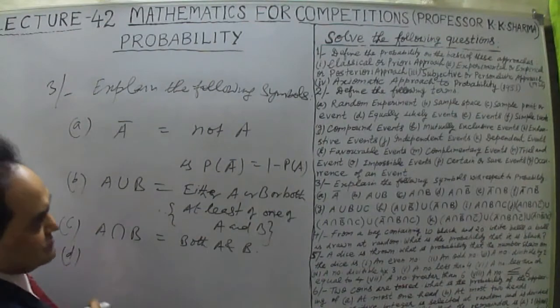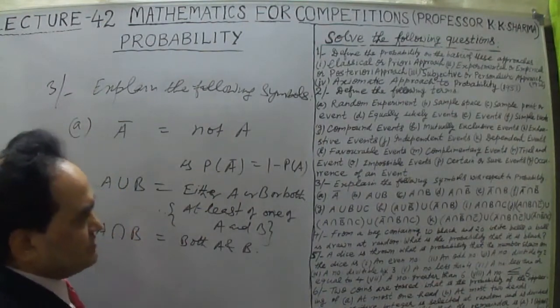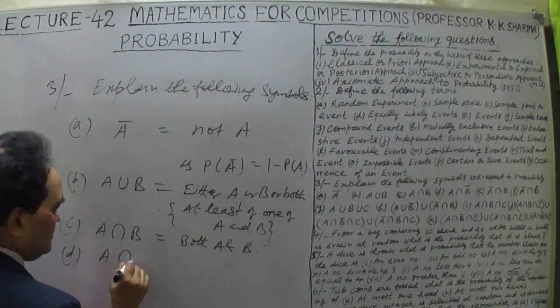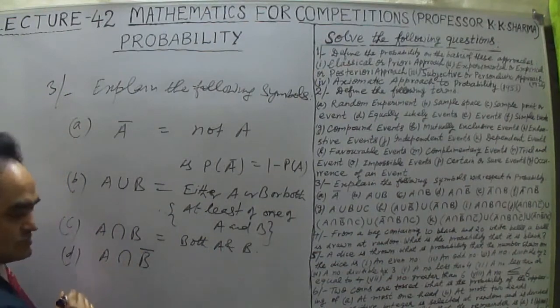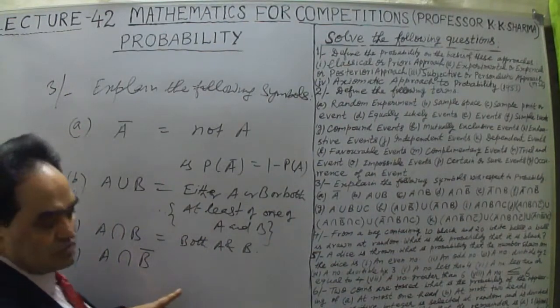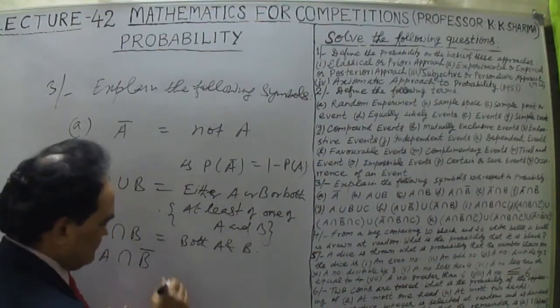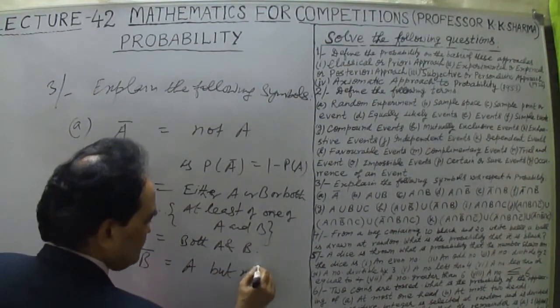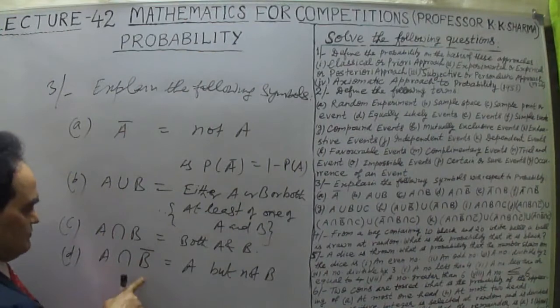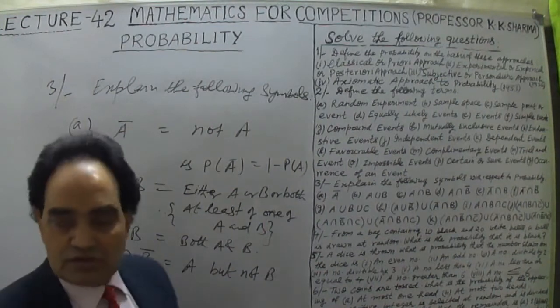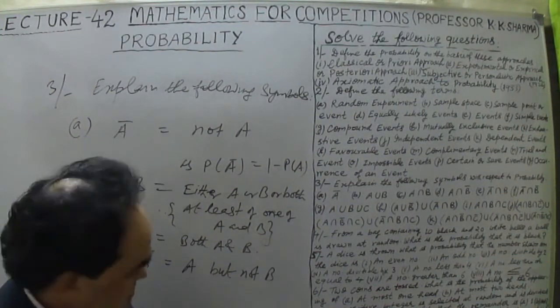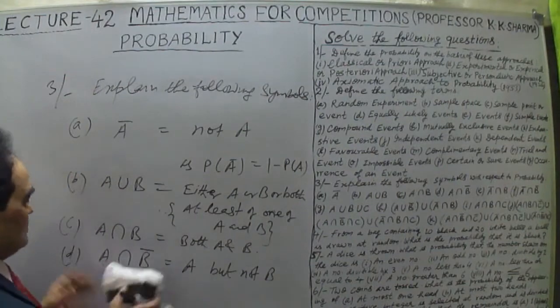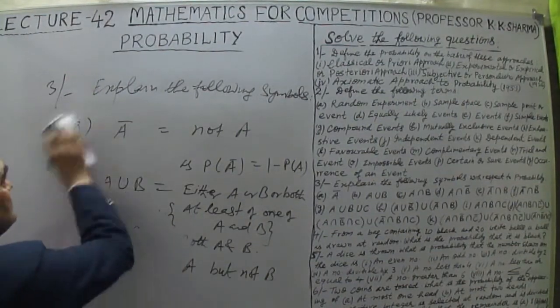Symbol D is A intersection B bar. That means A but not B, because B bar is not there. A but not B. Up to D we have explained them.